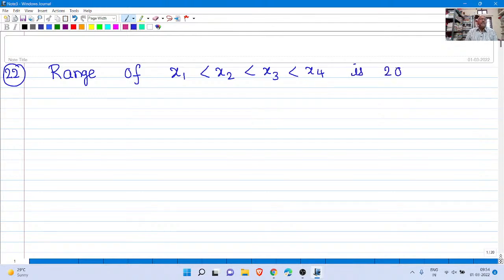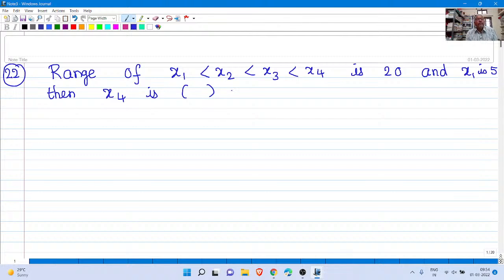That means the range of x1, x2, x3, x4 is 20, and x1 is 5, then what is the value of x4? It's a very interesting question.